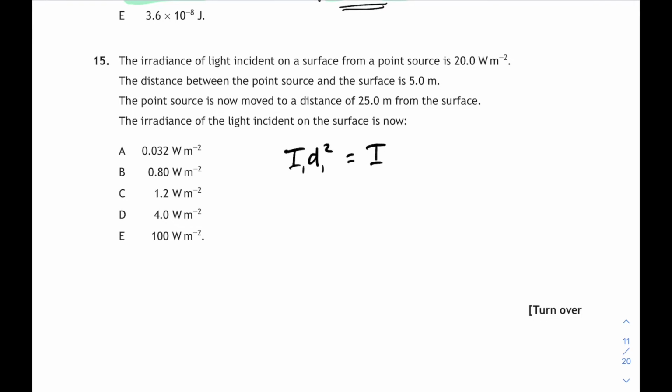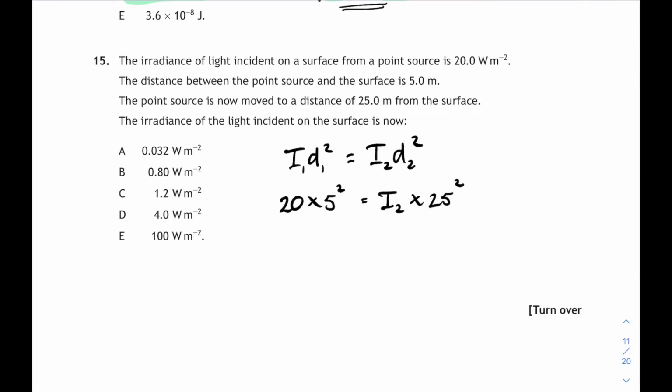I1d1 squared equals I2d2 squared, where I1 is your initial irradiance, that was 20 watts per square metre, and d1 is your initial distance, that was 5 metres, and don't forget to square that distance, and that will be equal to our new irradiance I2 times the new distance, which was 25 metres.